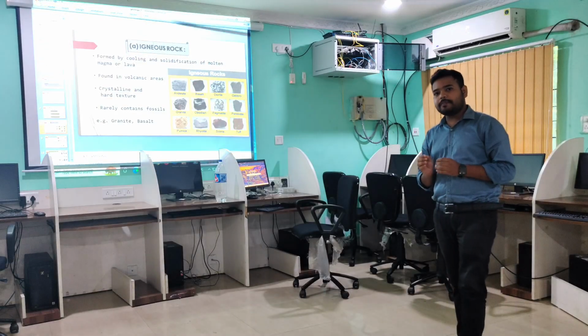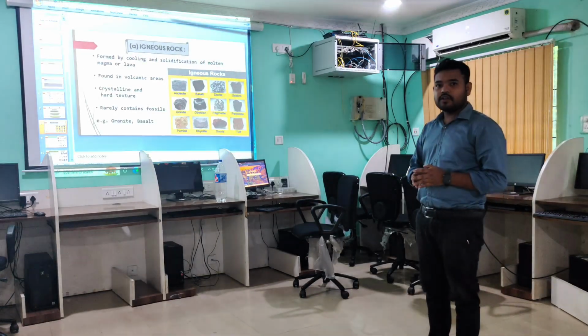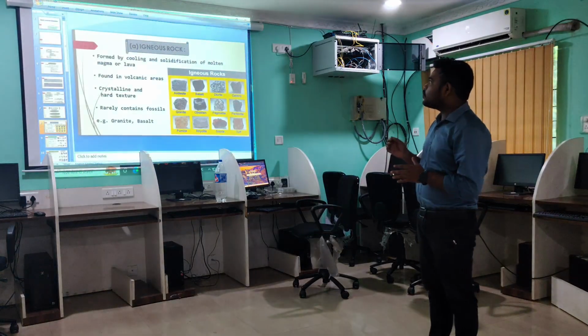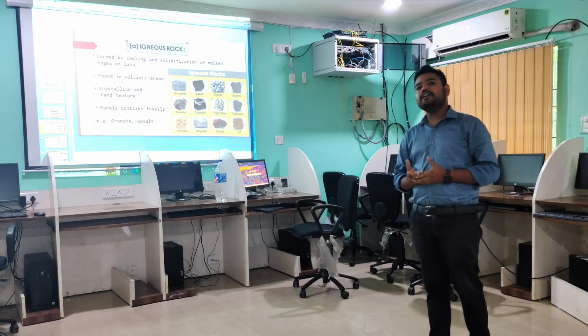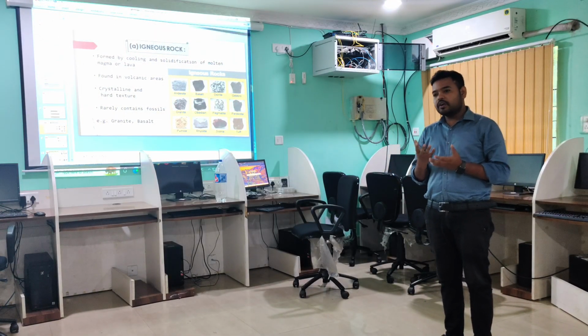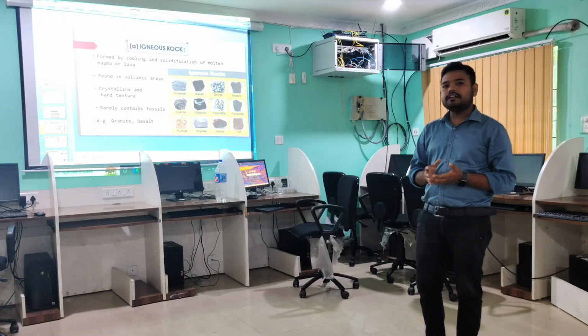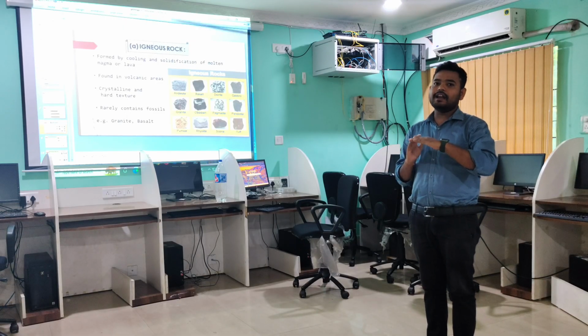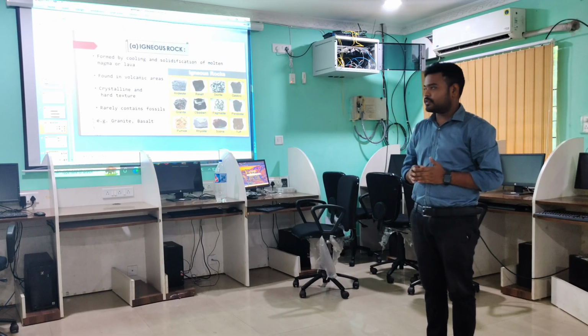Igneous rock is the primary rock, the first formed rock, and it is formed from the cooling, solidification and consolidation of magma or lava. Magma is the molten material present below the earth's surface, but lava is present above the earth's surface.